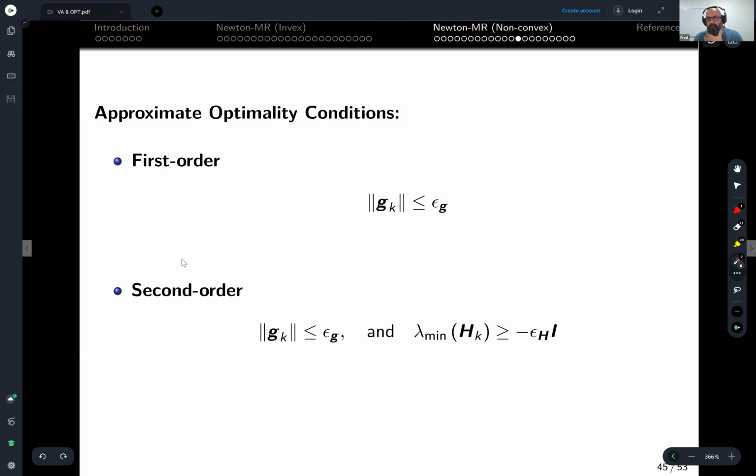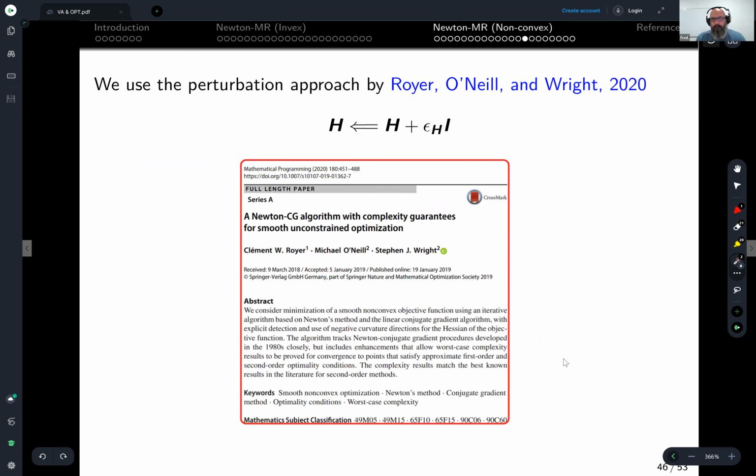And now, equipped with this direction, we can plug it back into our algorithm and analyze optimality conditions and complexity guarantees for the Newton MR within non-convex settings, by analyzing, for example, first order complexity when the gradient is small enough, or second order complexity where the gradient is small enough or the Hessian is approximately positive semi-definite.